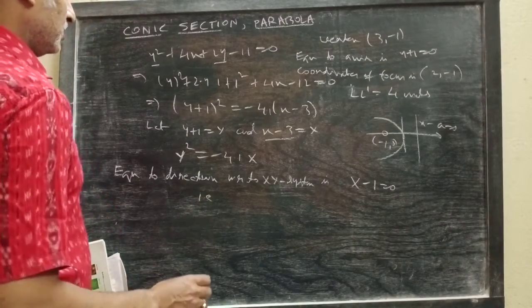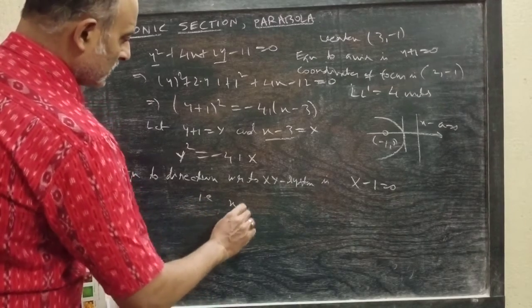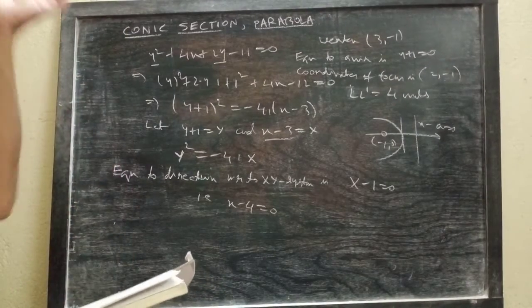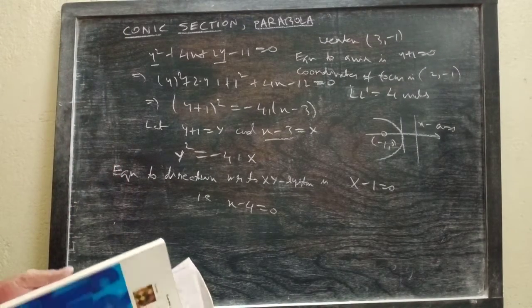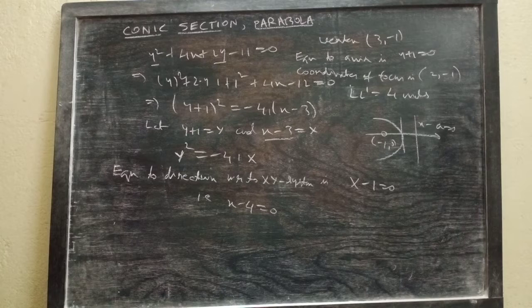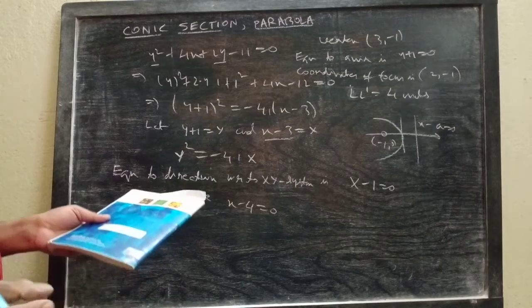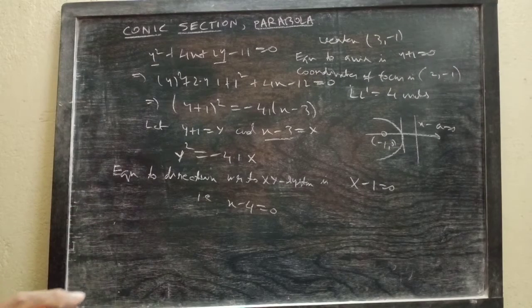What is big X? X minus 3, that is x minus 4 equals 0. This will be the equation to the directrix. Okay. This is the anatomy type problem, that is, you will be provided with an equation of a parabola and you are asked to find its different parts.